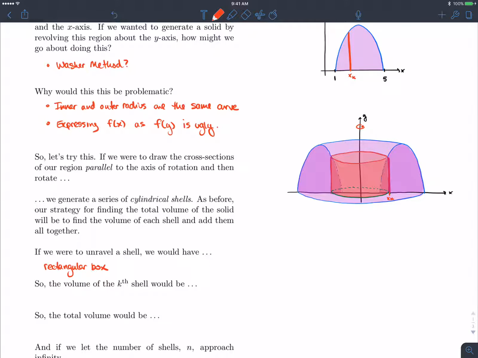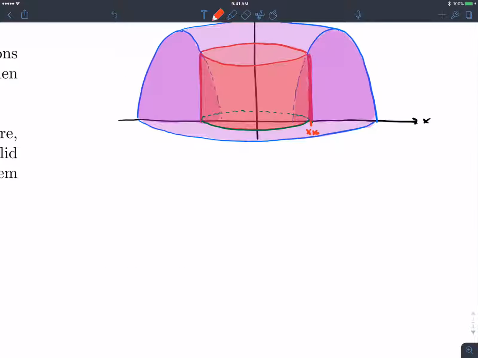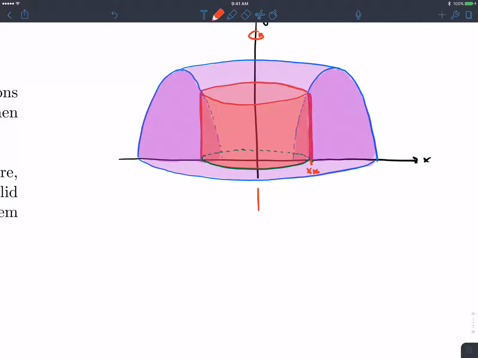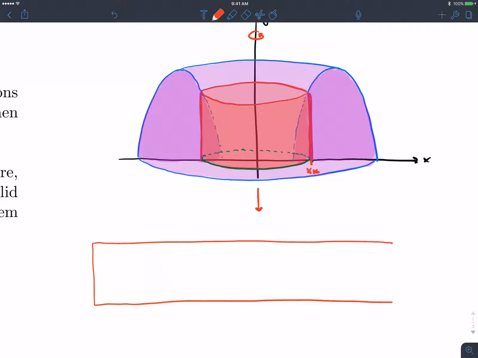So unraveling a shell gives us a rectangular box. And we can go ahead and draw that real quickly. So let's go ahead and open this up. Think about if you had a tuna can or something like that, and you made a slice from top to bottom and removed the top and the bottom of the can, you would just get a rectangular strip, essentially.